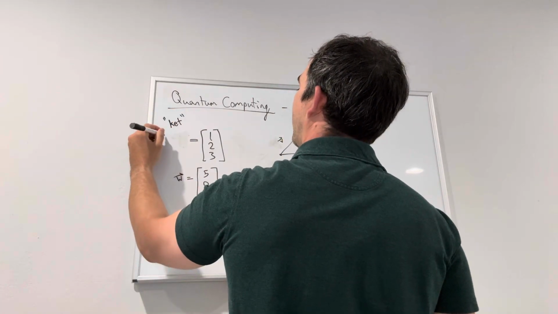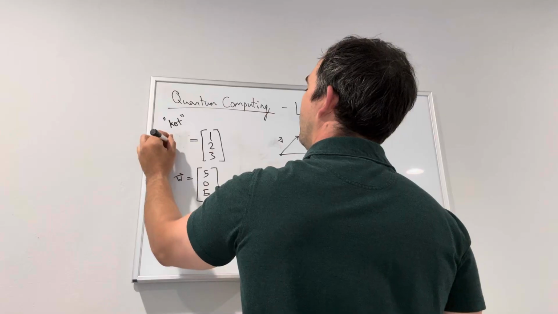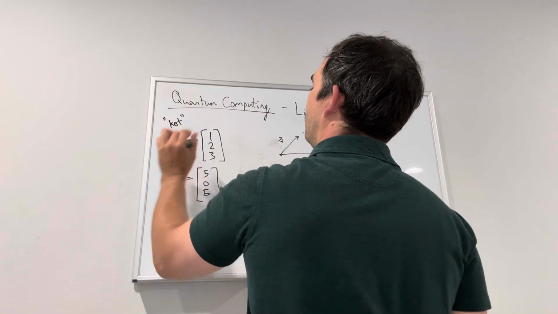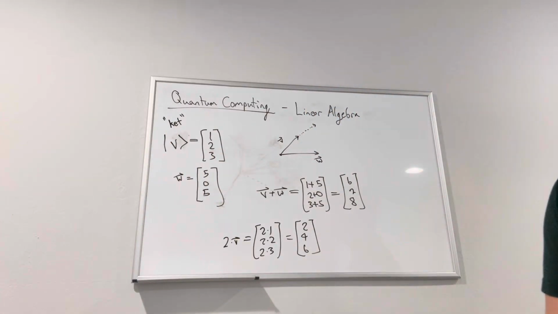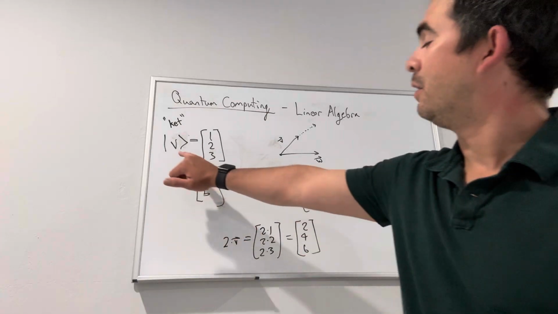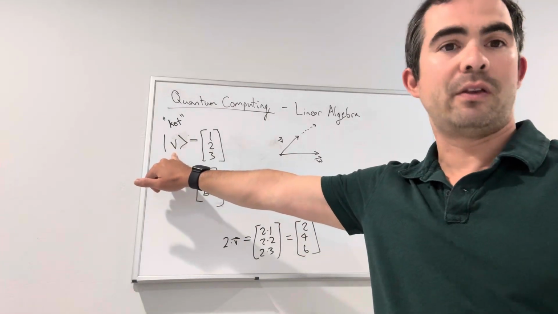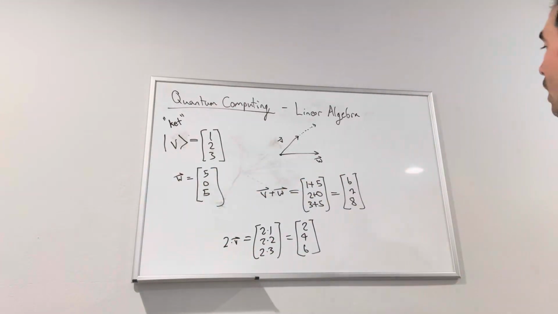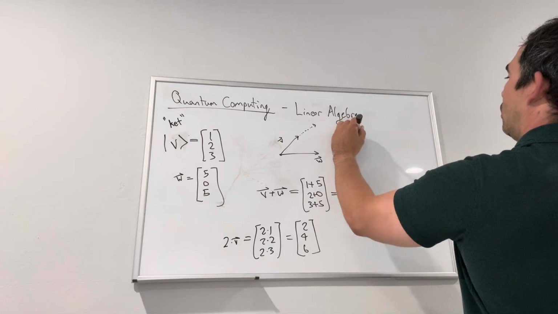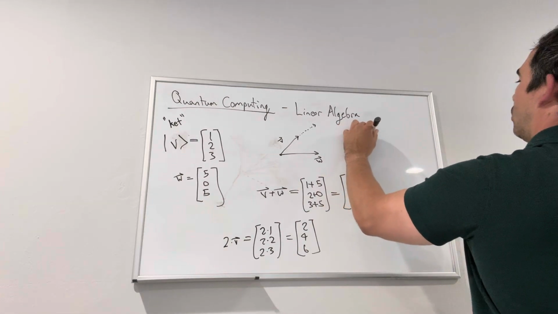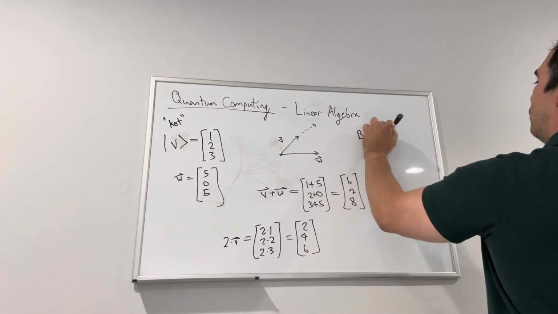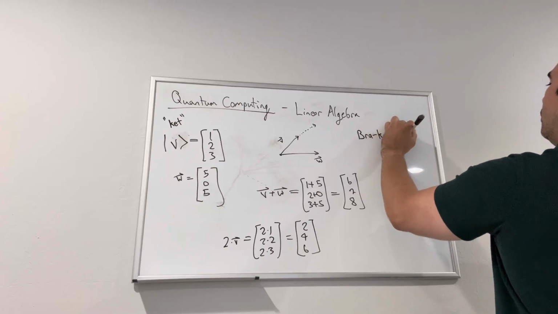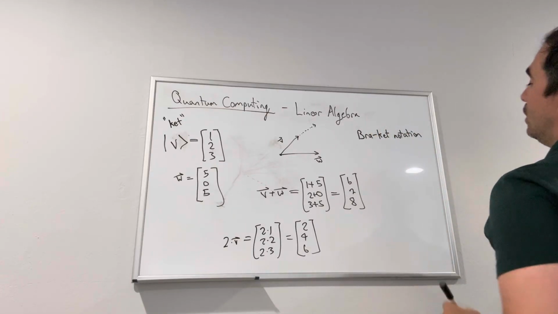And this ket looks like a bar, and then my label, and then some little arrow-looking thing, right? So this is the vector v, but in ket notation. And in general, this is called bra-ket notation, and it's due to a man named Paul Dirac.